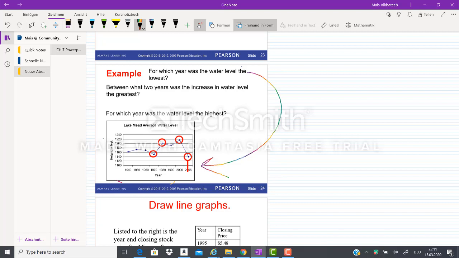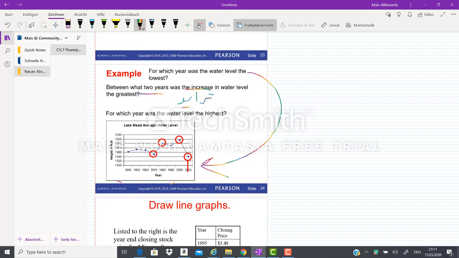Between which 2 years was the increase in water level the greatest?